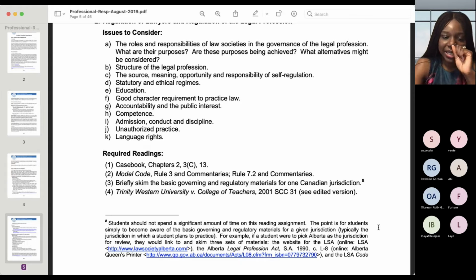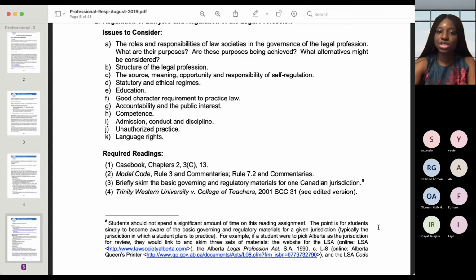One of the required readings is the case that was attached to the syllabus, the Trinity Western University and College of Teachers. In a nutshell, in the TWU case, Trinity Western wanted to establish a law school, and Trinity Western is a Christian university.